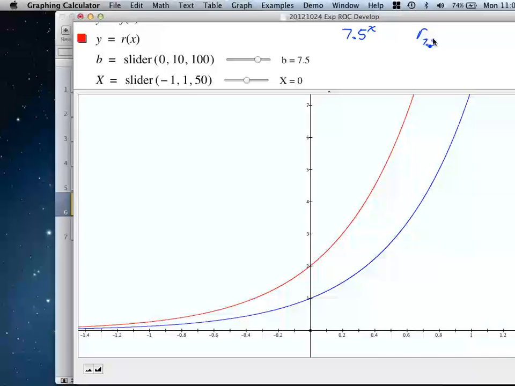So we're saying 2 times 7.5 to the x. So is it 2 times 7.5 to the x? Well, it appears that's true at x equals 0. And so this is our hypothesis that the rate of change is just a constant times the original function when it comes to exponential functions.